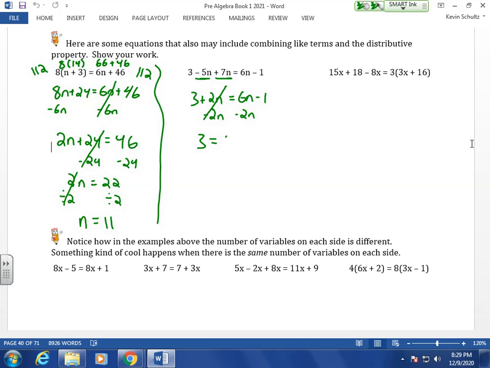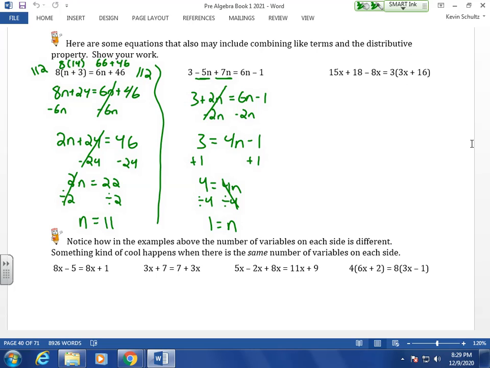And 6 minus 2 is 4. 3 equals 4n minus 1. Hello, two-step equation, right? Add 1 to both sides. 4 equals 4n. Divide both sides by 4. And n equals 1. Okay.